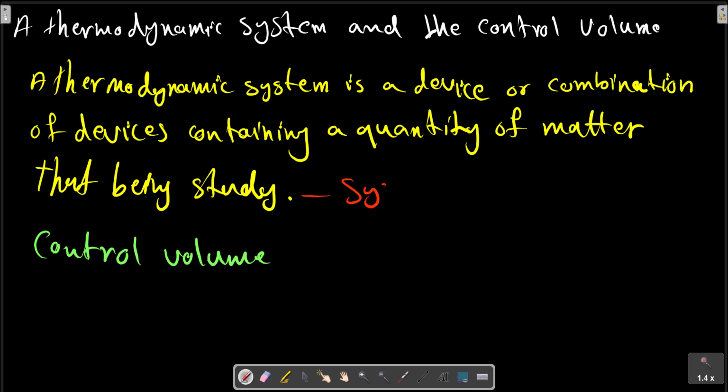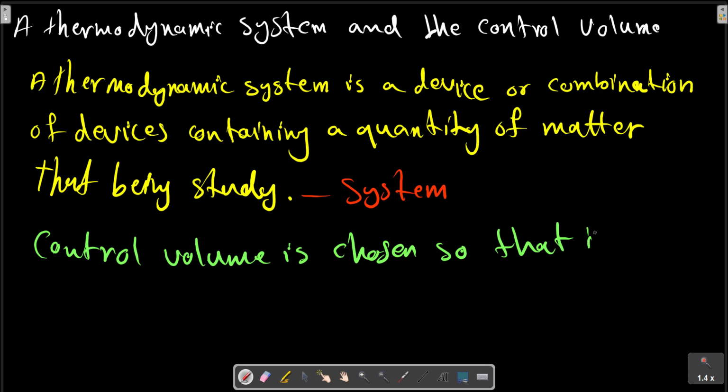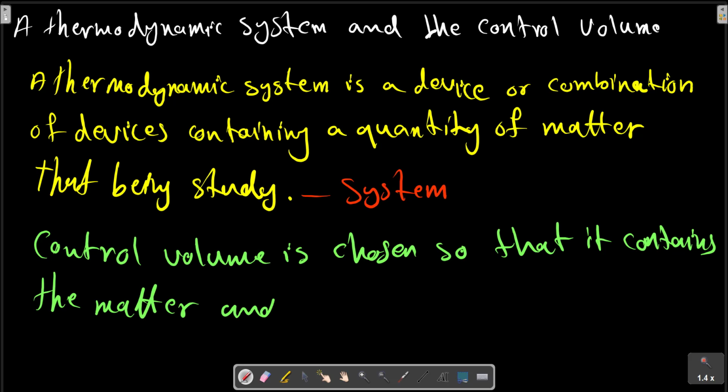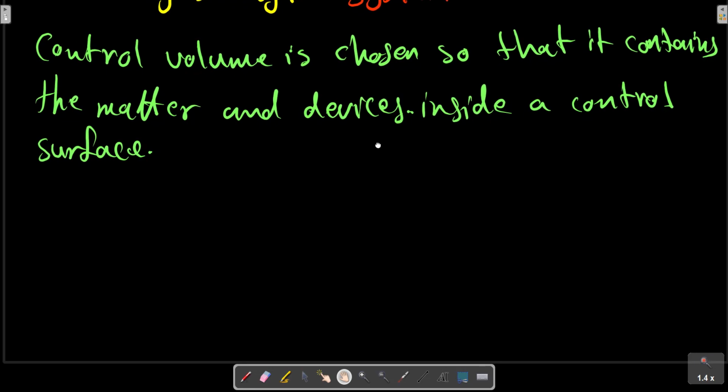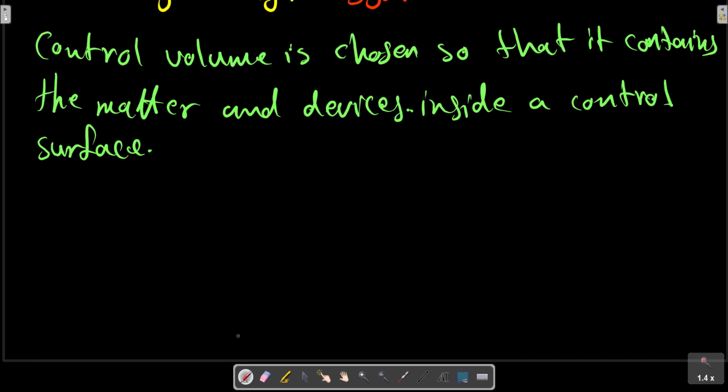This system is chosen so that it contains the matter and devices inside a control surface. Everything external to the control volume is the surrounding.